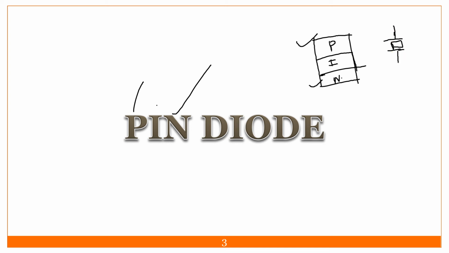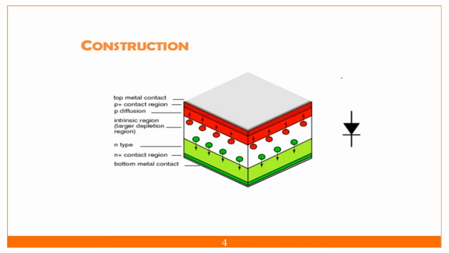Okay, so this is the construction. This is the metal contact we are taking out from these two terminals, that is anode and cathode. After that, one diffusion layer is there, then the intrinsic layer, then N-type material, and an N plus contact. You know P and P plus.